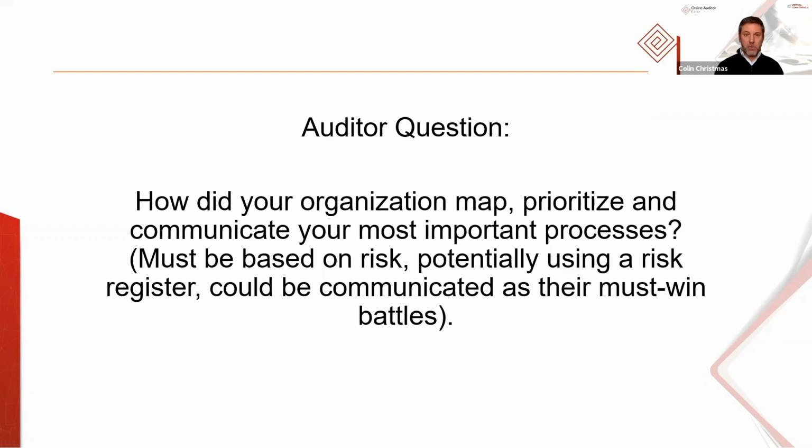Do they have something like a risk register that identifies what is the most high likelihood of failure and the most severe consequences? Have they communicated these most important processes as their must-win battles? Has that been really clearly communicated outside of the food safety or the quality department? Does the whole organization know what is important in terms of food safety?